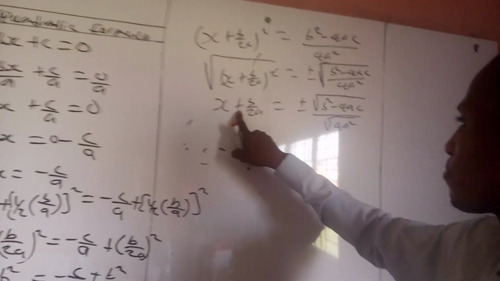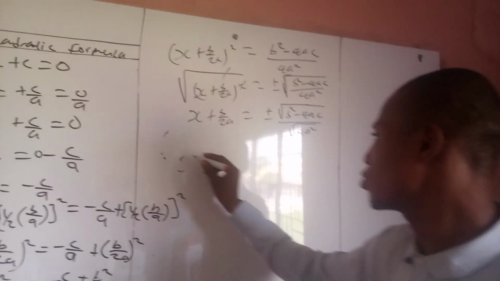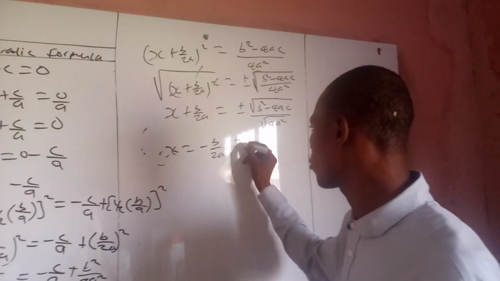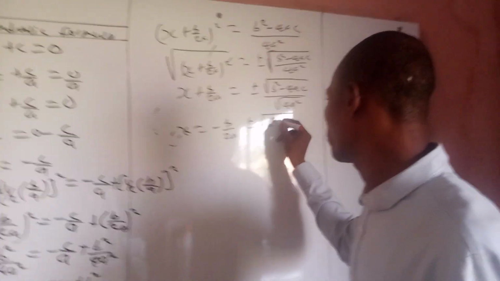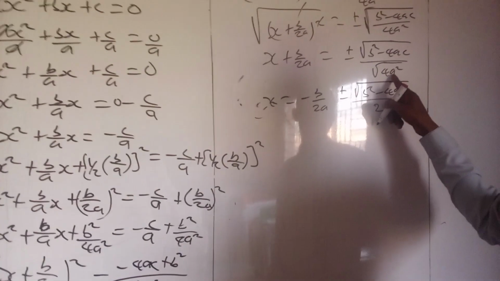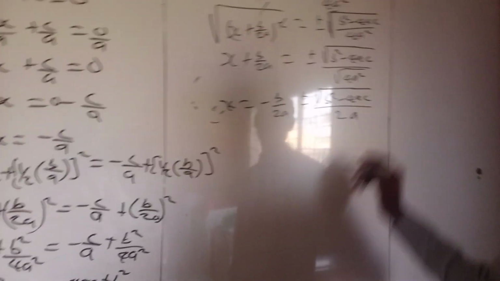The next thing, move this plus b over 2a to the other side. We have minus b over 2a plus or minus the square root of b squared minus 4ac over the square root of 4, which is 2, and the square root of a squared, which is a.